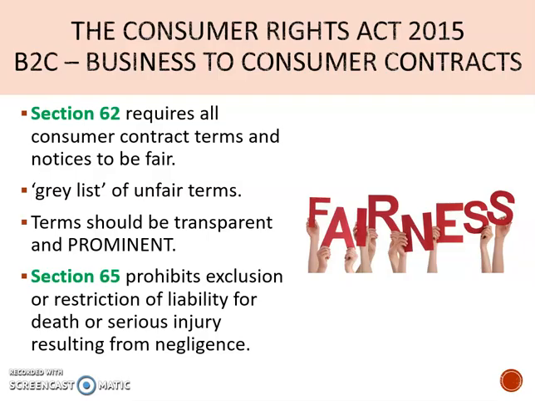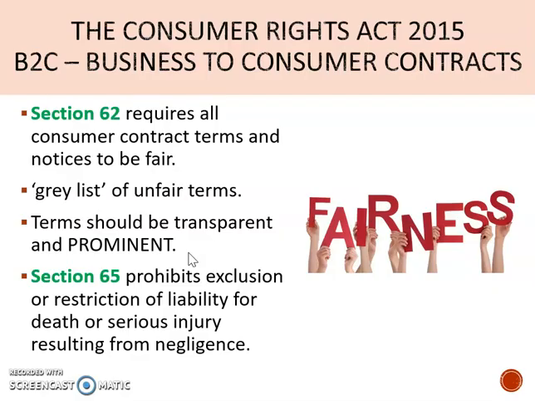So Section 62 says that all consumer contract terms and notices must be fair. And the section gives a grey list of unfair terms. And it also says that terms should be transparent and prominent. So if a business is trying to include an exclusion clause, that clause should be highlighted, made clear to the consumer.